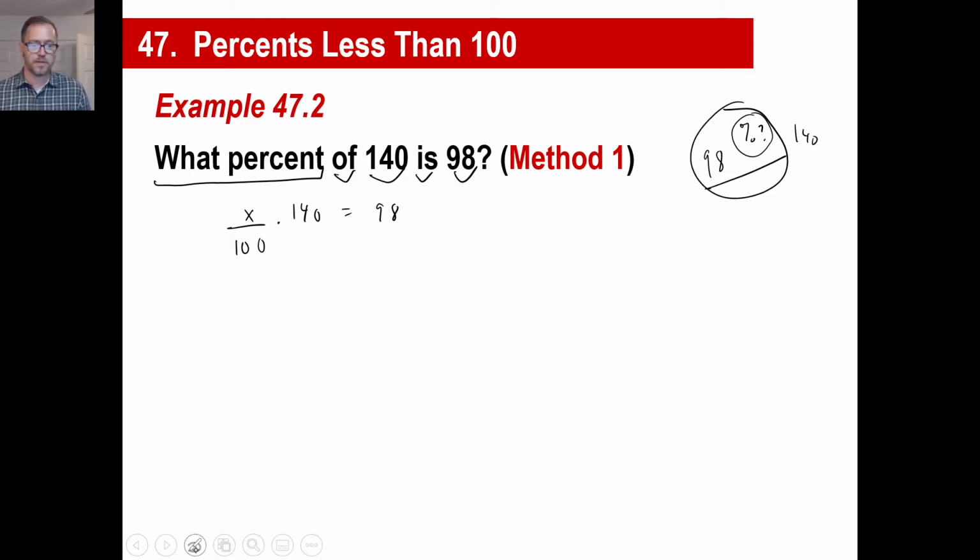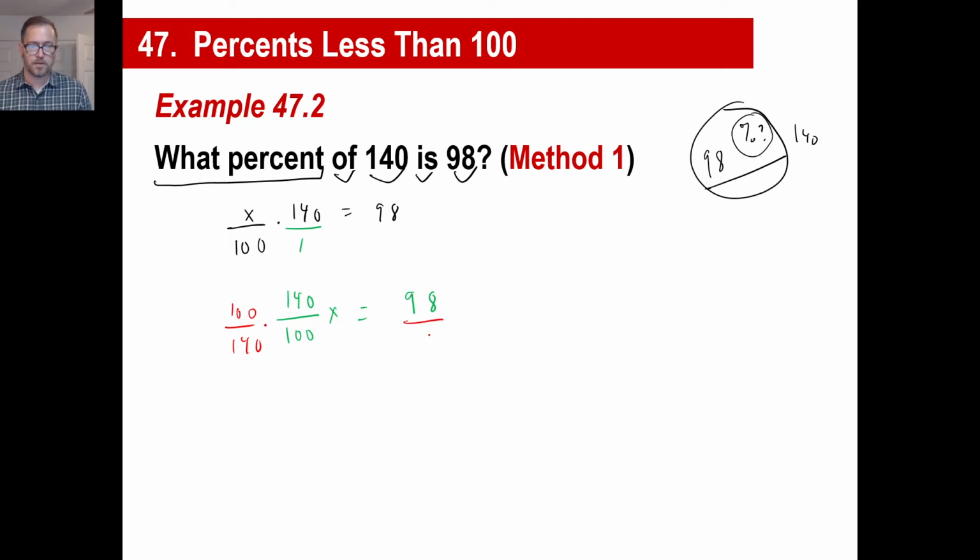And what you can do is make this a little easier on yourself. Since this is on top and this is on bottom, let's make this our new fraction. 140 over 100 times x equals 98, okay? And you know how to clean up the 140 over 100. Just do 100 over 140.